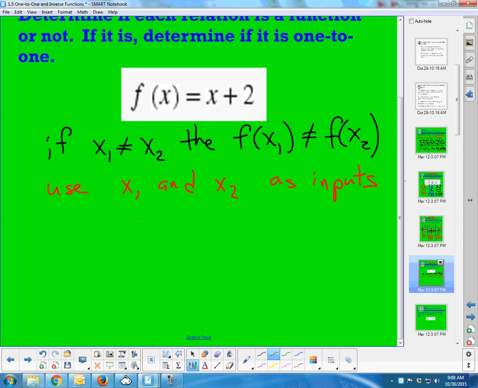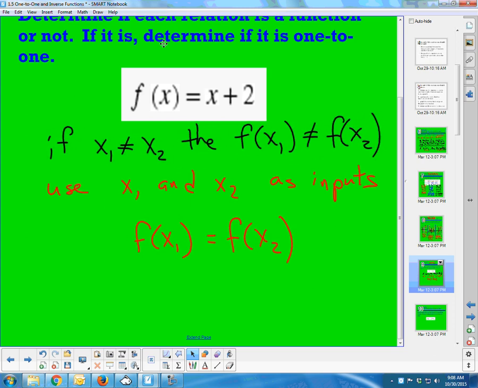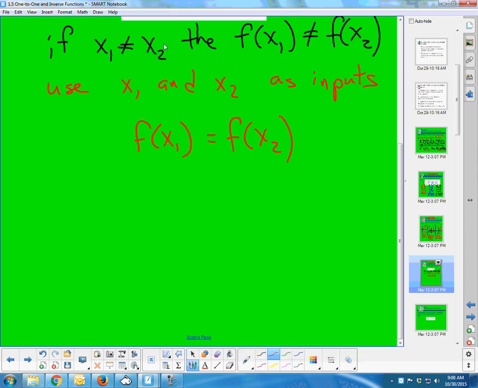And what we'll do with that is we're going to set them equal to each other. F of x sub 1 equals f of x sub 2. And so you can see that I am having this statement be the opposite of the right side of this statement, equals as opposed to not equals. And I'm going to work through the simplifications here.